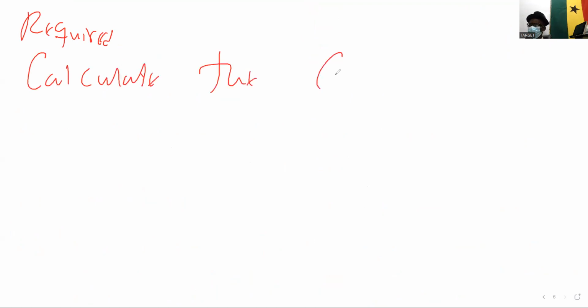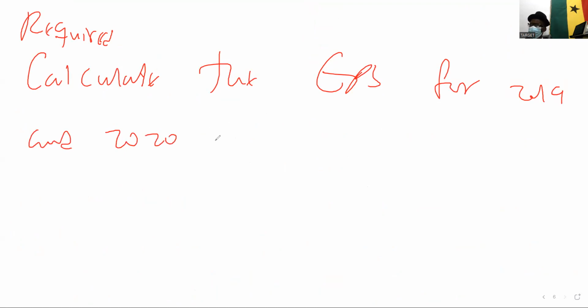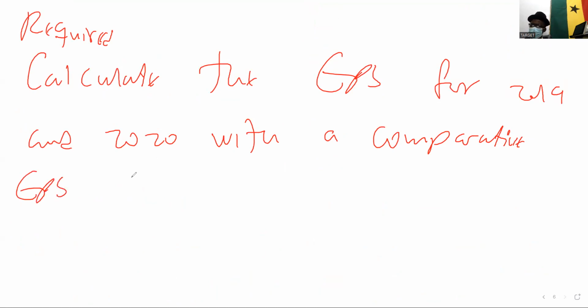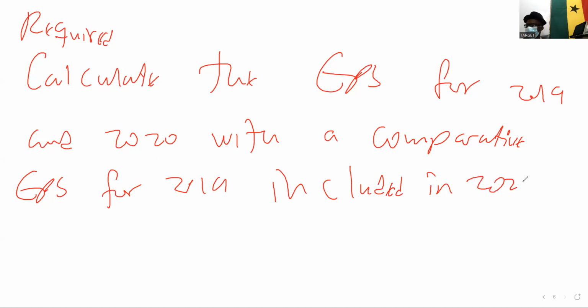Required: first, calculate the earnings per share for 2019 and 2020 with a comparative earnings per share for 2019 included in 2020 financial statements.